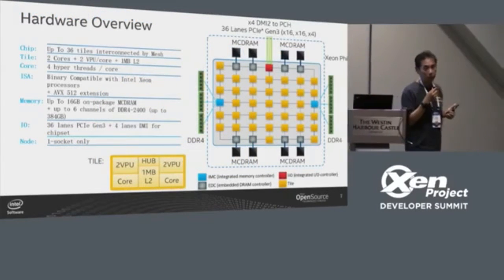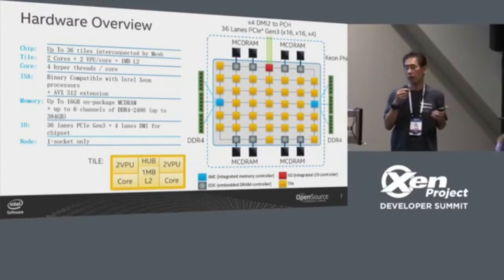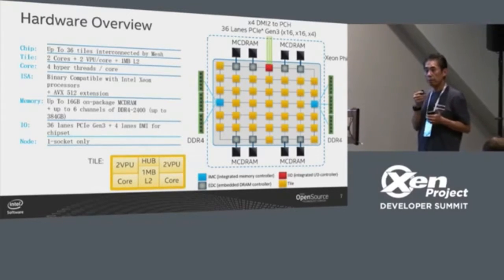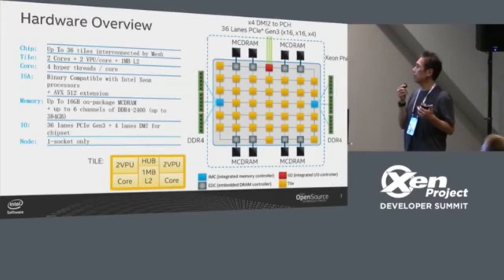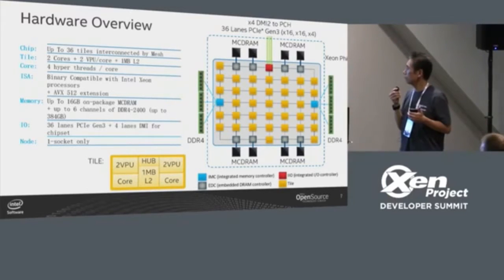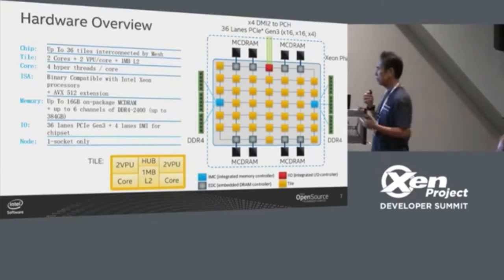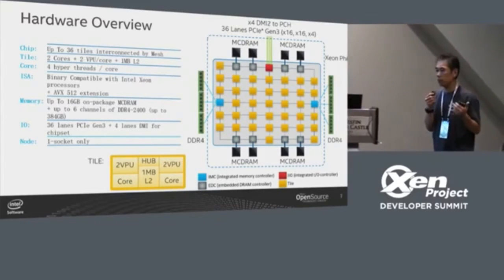Now I have more details on Xeon Phi Knights Landing. It's kind of amazing. We have 36 tiles, and on each tile we have 2 cores.